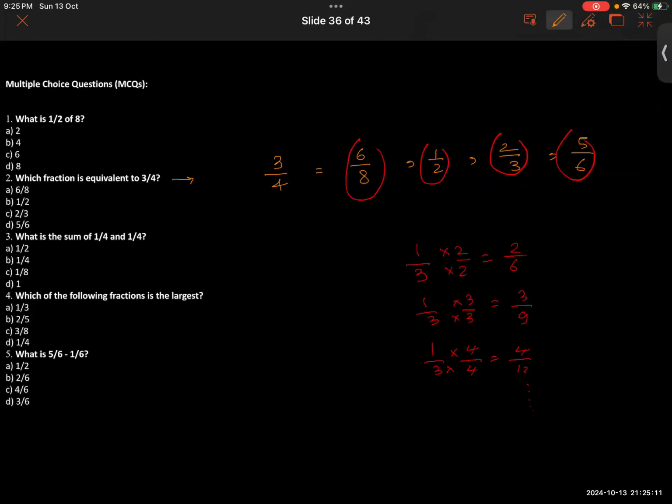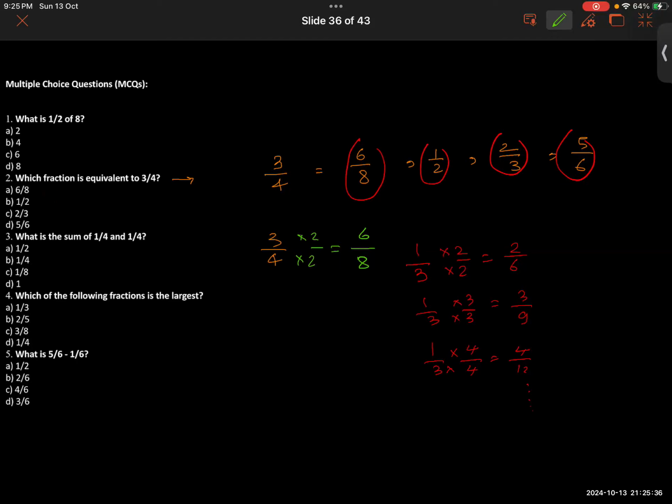So let's say that 3 upon 4, I multiply it with 2 upon 2. As per the rule, if I have to find its equivalent fractions, the numerator and denominator, both of them must be multiplied with the same number, right, Habib? So I will be getting 6 upon 8 now. Is it given in the option?